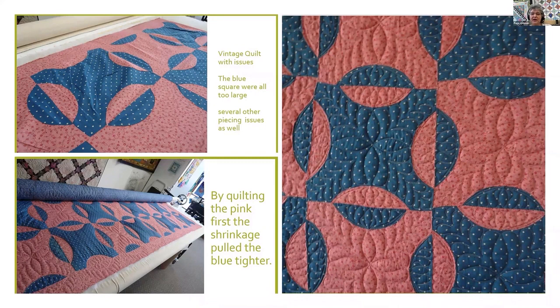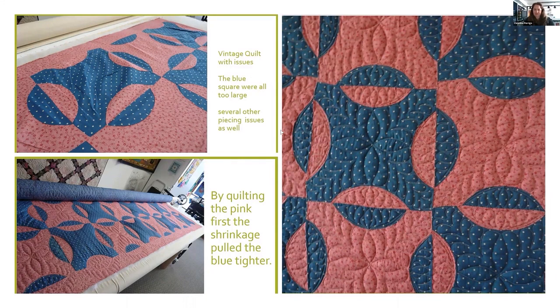That way, that area was shrunk up and it stretched out the blue so that I was able to put the designs into the blue after the fact, and I had less puffiness in the fabric. So again, I was planning ahead, planning on shrinkage, and this time used it to my advantage. Very, very cool.